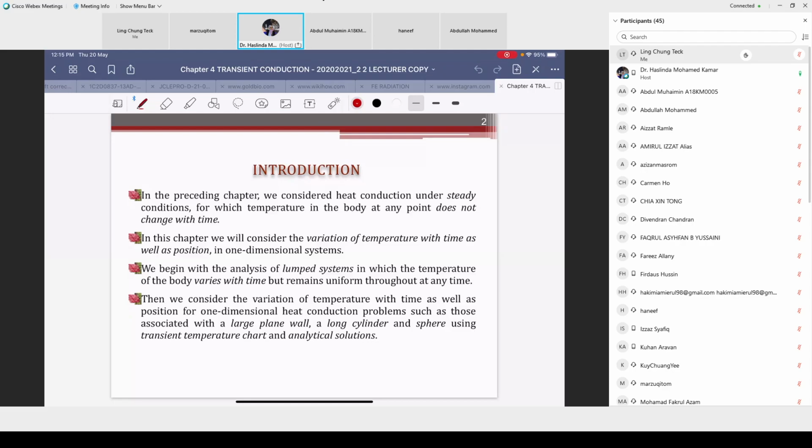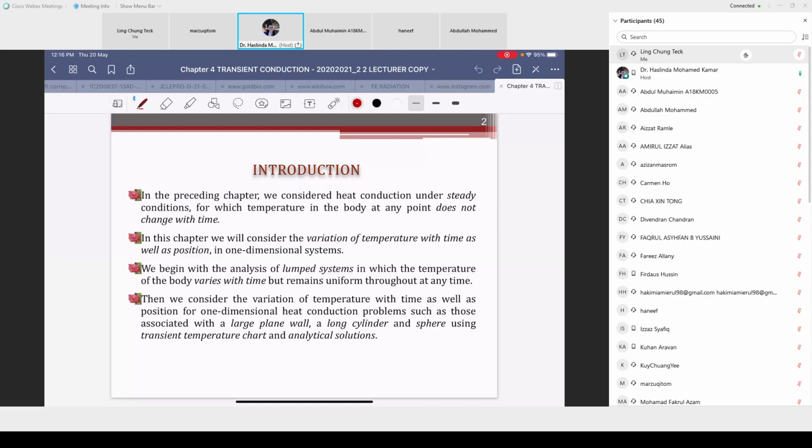In our previous chapters, all the analyses were about how to determine the heat transfer rate and how to determine the temperature. For this case it is still the same, but the method to do the analysis is different. Last time you used Fourier's law of conduction.